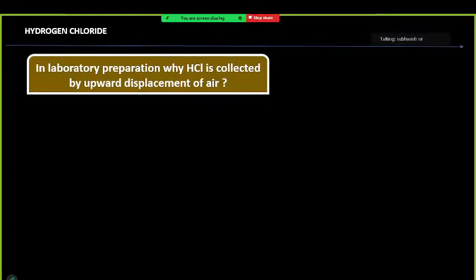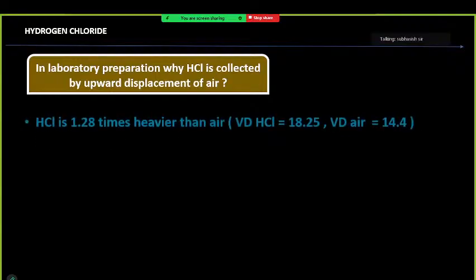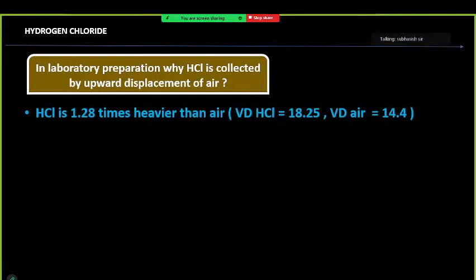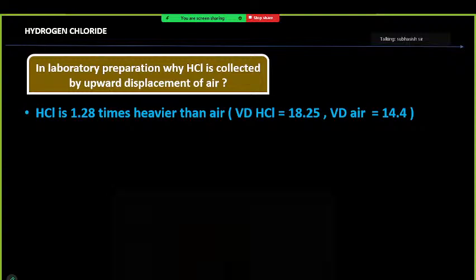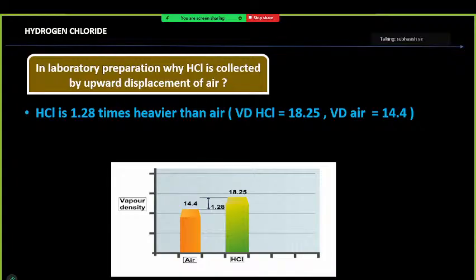And why is HCl collected this way? We have already mentioned that HCl is heavier than air. HCl is 1.28 times heavier than air. The vapor density of HCl is 18.25 and the vapor density of air is 14.4, and that's why HCl is collected by the upward displacement of air.